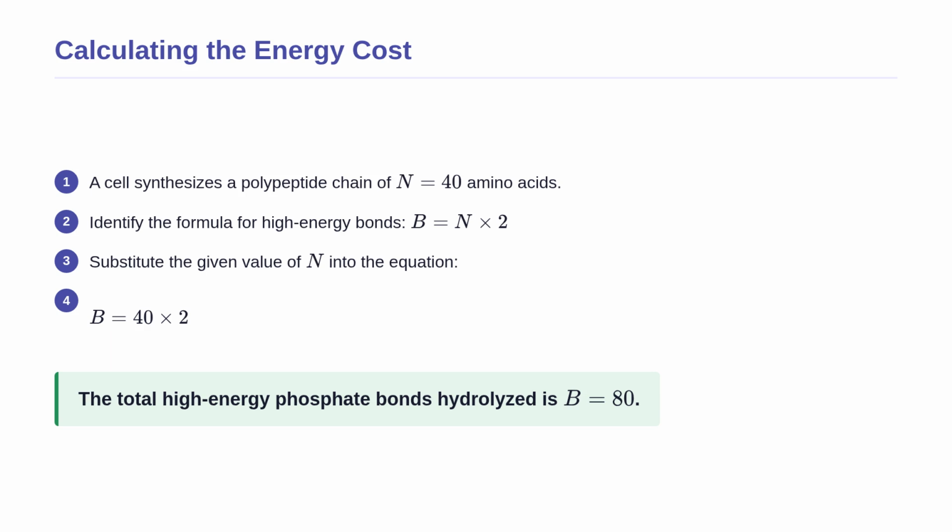We then use our formula, B equals N times 2. By substituting 40 for N, we multiply 40 by 2. This gives us our final answer. Exactly 80 high-energy phosphate bonds are consumed. This tells us that the cell invests a massive amount of energy just preparing the building blocks before assembly even begins.